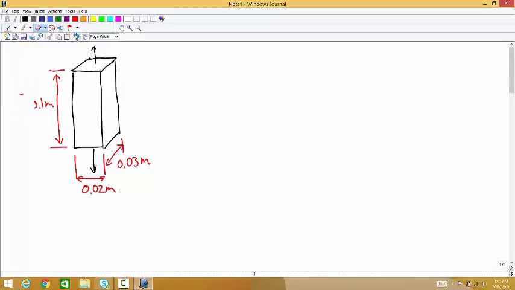And after the deformation, you stretch it and this length is equal to 0.101.